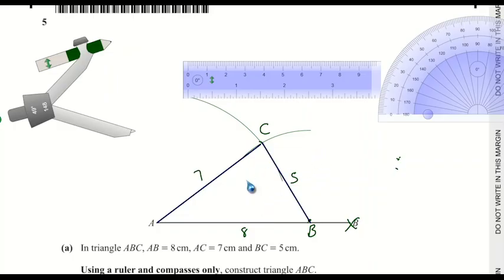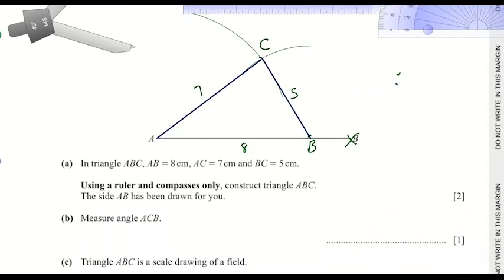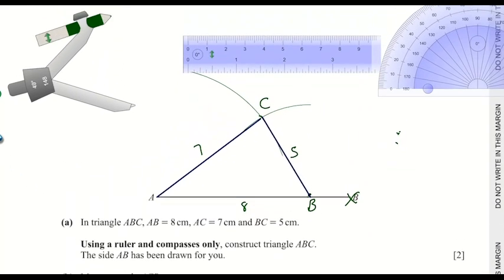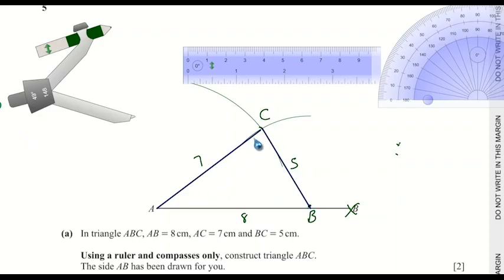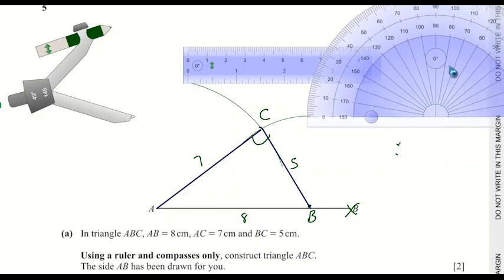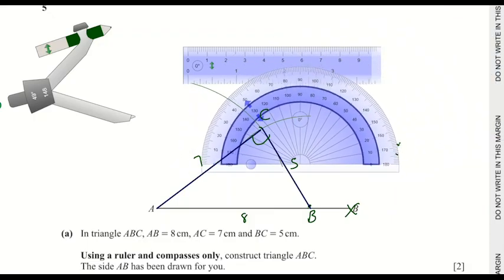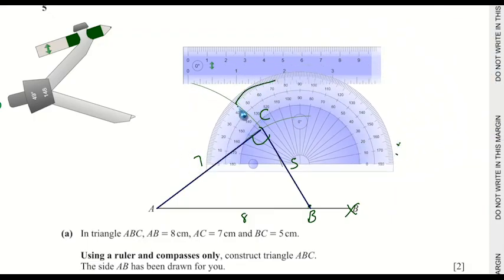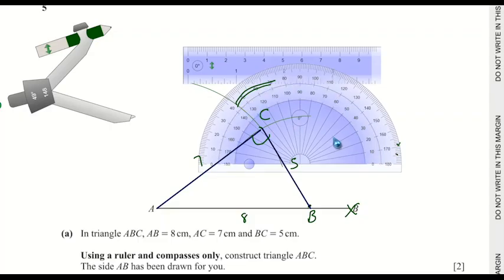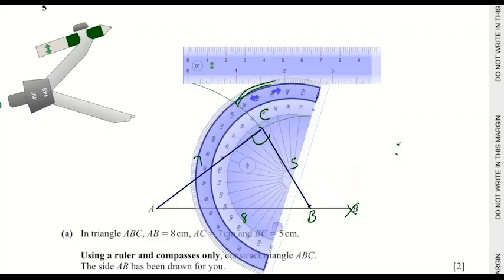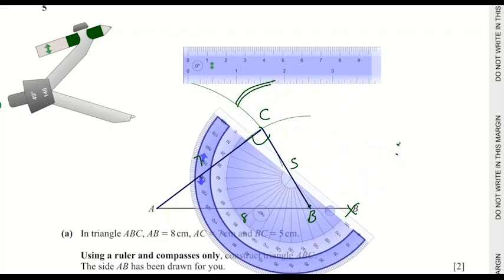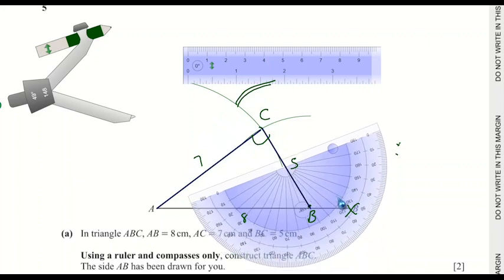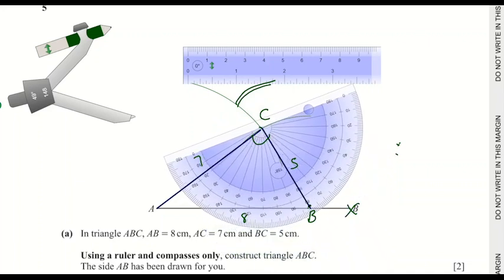So part B, measure angle ACB. Angle ACB should be here. So we need the protractor. Let's pick the protractor. I can reduce this. Then let's rotate this one. Okay, good. So the center of the protractor should be here.